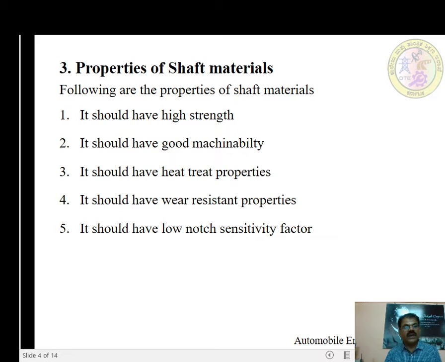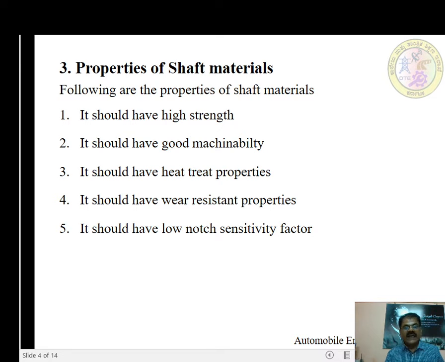Then, what are the properties of the shaft materials? These are the following properties. Number 1, it should have high strength. It should have good machinability.